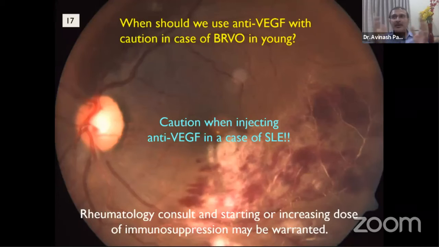Now, I did discuss that the outcomes are primarily influenced by the underlying etiology, and many times treating the underlying etiology itself helps in the resolution of venous occlusions. We know that anti-VEGF is the primary treatment in most cases of venous occlusions, but there is something we have to understand, especially in the young.